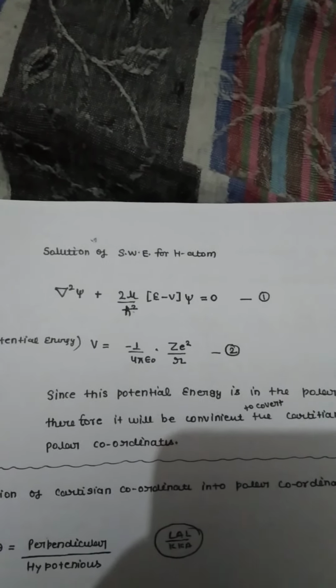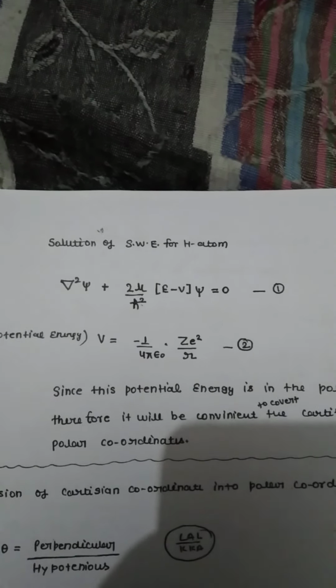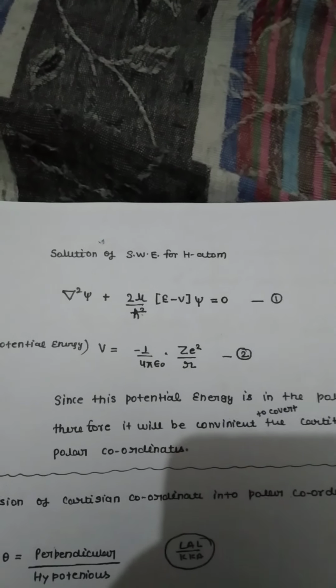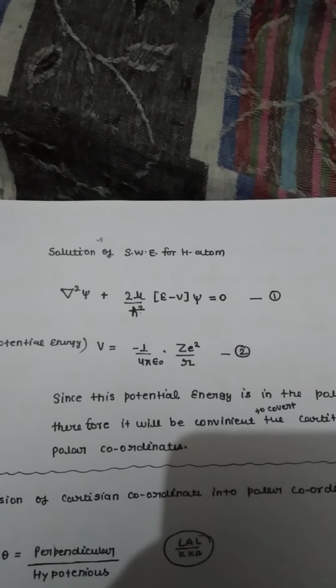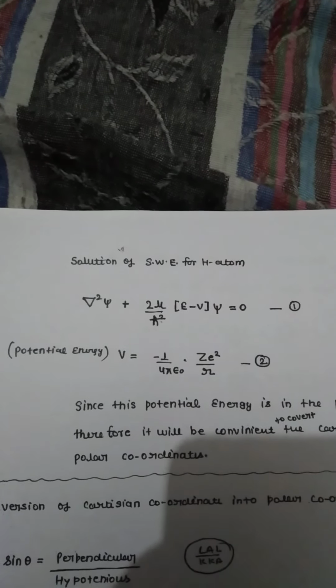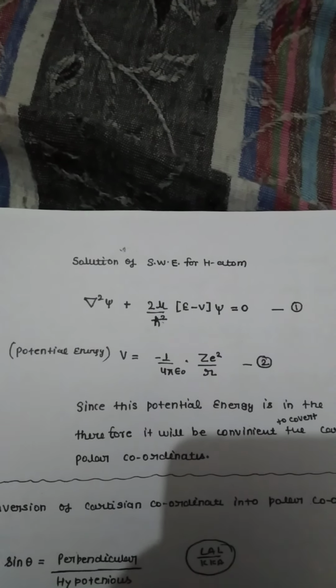Solution of SWE for the hydrogen atom. Del square psi plus 2 mu upon h square (E minus V) psi equals 0. Potential energy V equals minus 1 by 4 pi epsilon naught Z e square upon r.